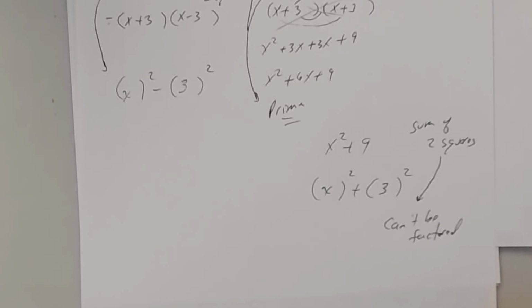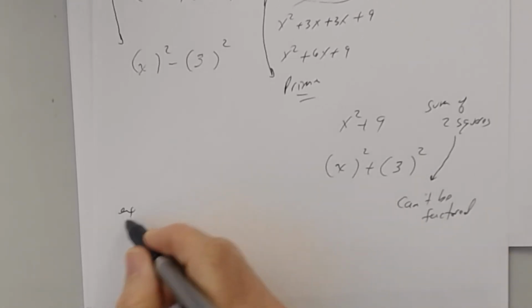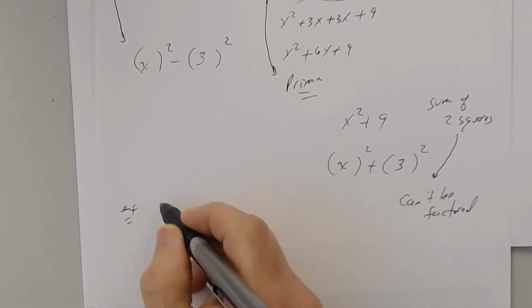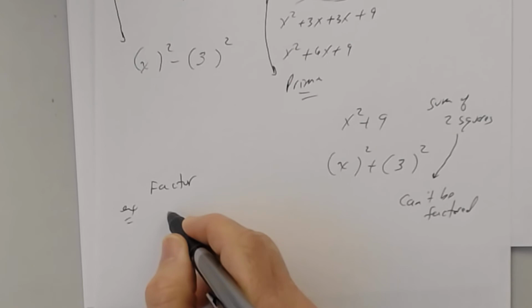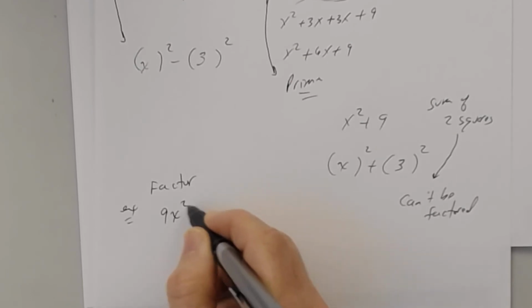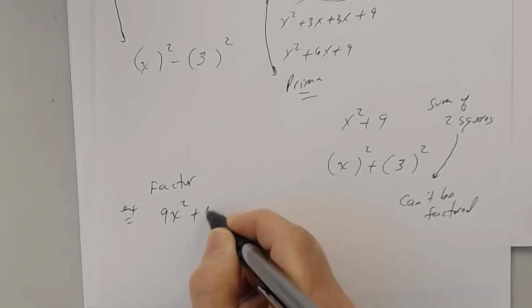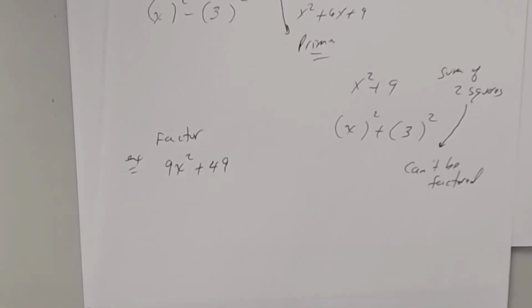So if I wanted to factor this, let's say you want to factor 9x squared plus 49. Right away, you need to ask yourself, what's the GCF? 1. How many terms do you see? 2.